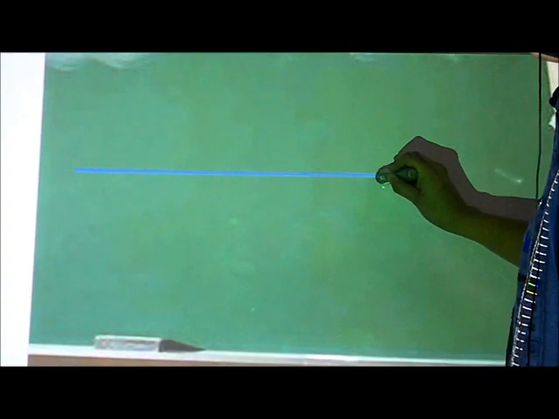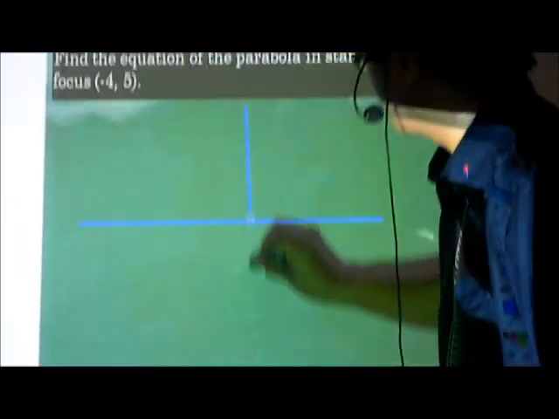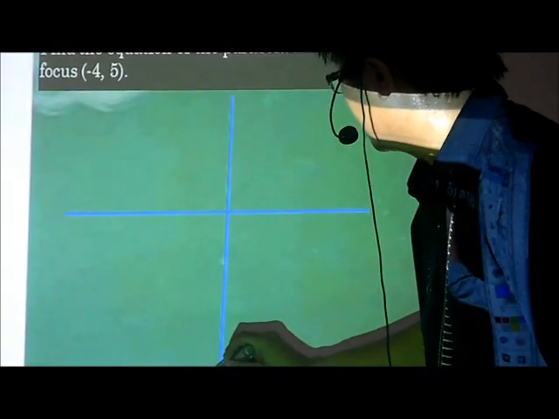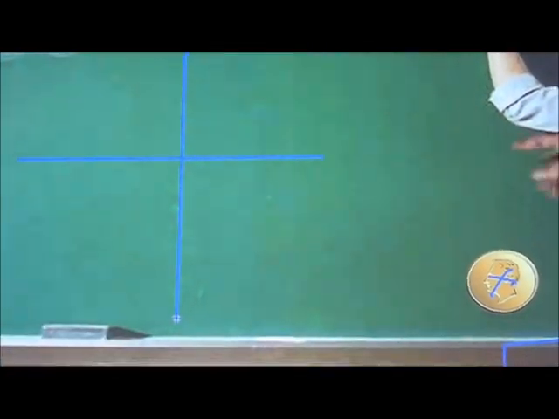You might have a ground that's presentable with your handwriting. So one blue, then it's your x-axis, y-axis. So go. Find the equation of the parabola in standard form.